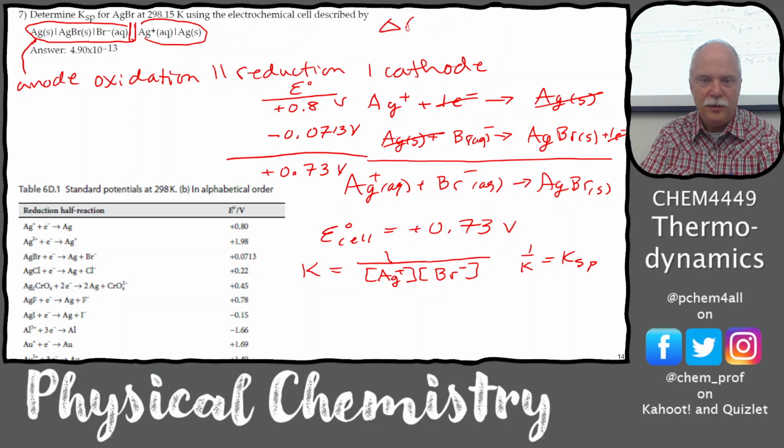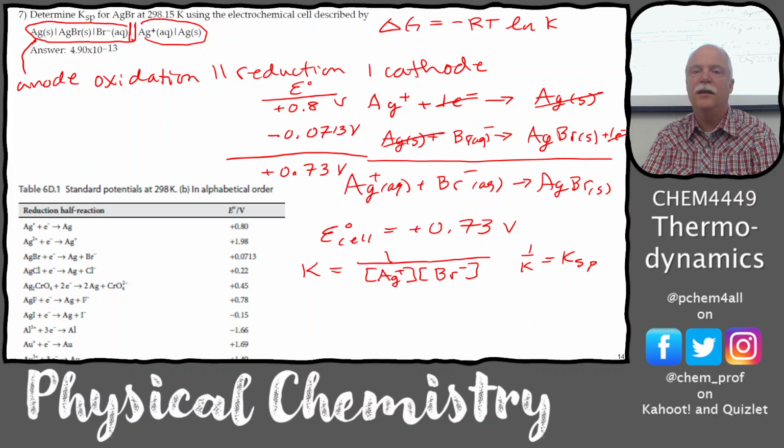Delta G, I'm just going to write it up here in the corner. Delta G is equal to minus RT ln K. So that's the delta G relationship to K. And delta G is also equal to the E cell equation.